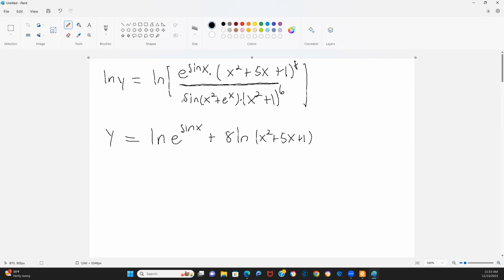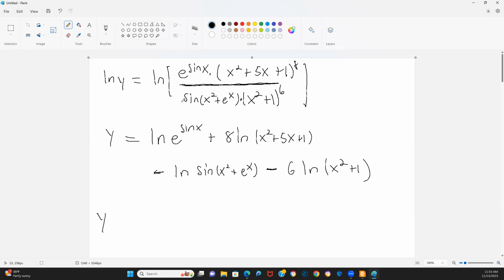And then minus, because we have this quotient here, ln of (sine x squared plus e to the x). We have this product, and we have to distribute this negative over, so it's going to be negative 6 ln of (x squared plus 1).